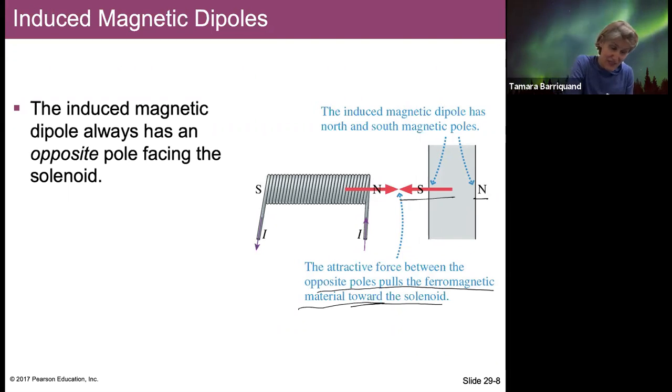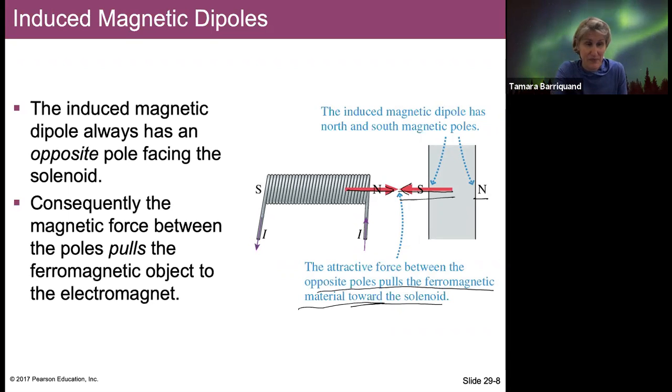So if the solenoid's pole is north, the induced magnet will have a south pole facing the solenoid. Consequently, the magnetic force between the poles pulls the ferromagnetic object to the electromagnet. So it actually gets pulled to the solenoid, just like what we saw when our magnets attracted our paper clips.